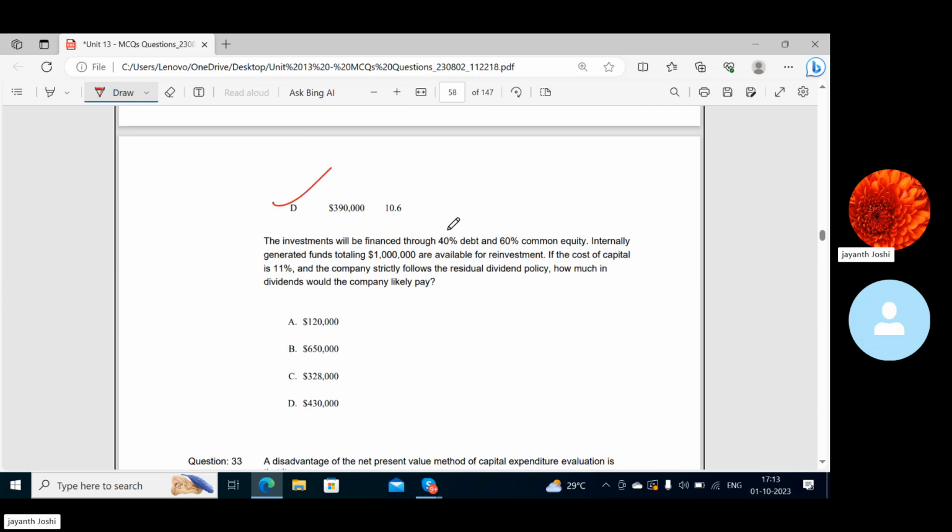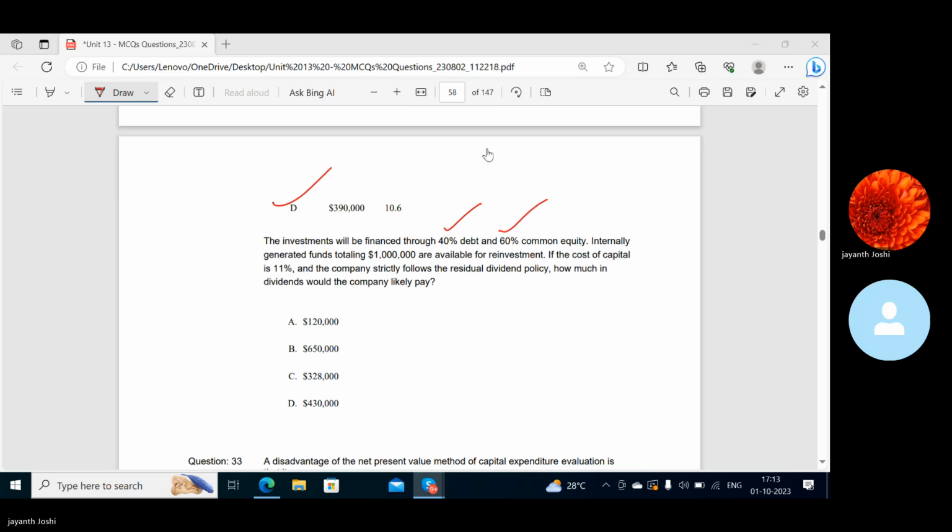Investments will be financed through 40% debt and 60% common equity. This is the capital structure they have.